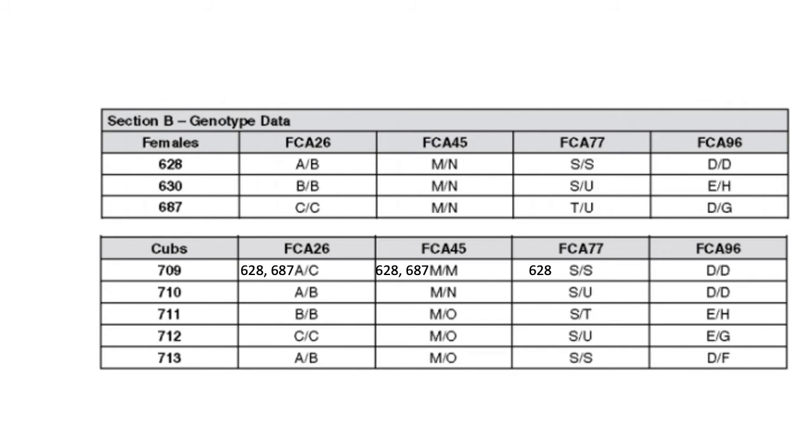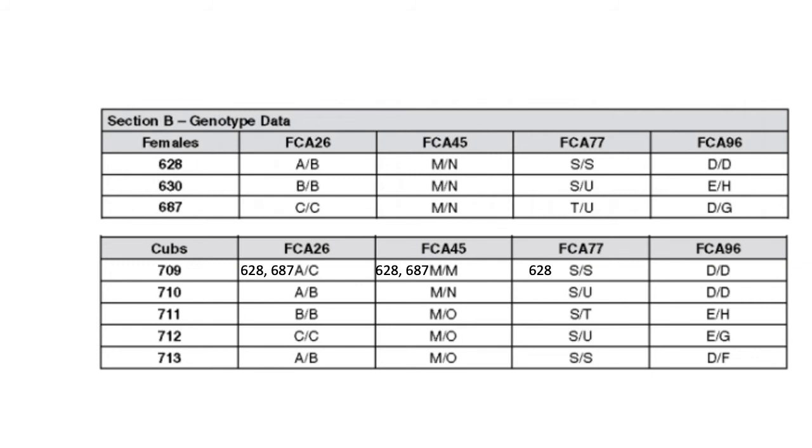All right, well, let's go ahead and look at FCA 77 then. Let's say FCA 77 could be eye color. So for this one, let's see, where could we have gotten S's from? Well, we could have got an S from 628, and that's an option. But we could have also got an S from 630.